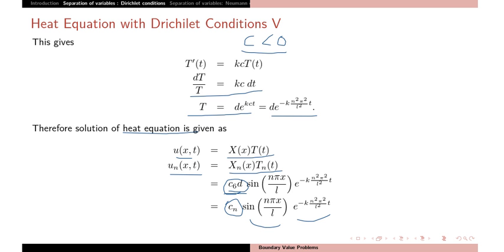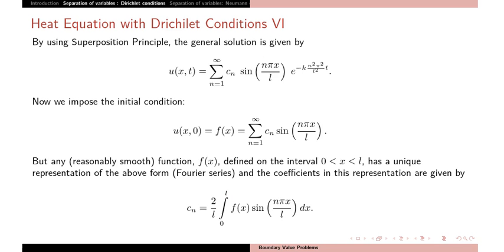So finally we compute this C_n using the initial condition. You know the solution when t equals 0. And before writing the condition, I am using the superposition principle: a sum of these solutions is also a solution. So fit t equal to 0.